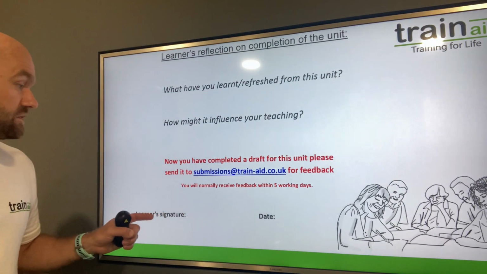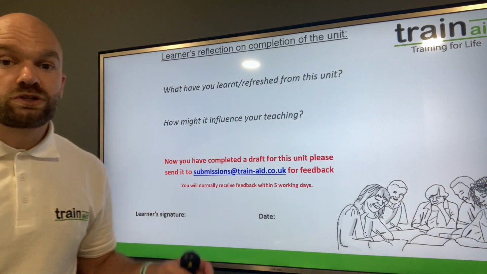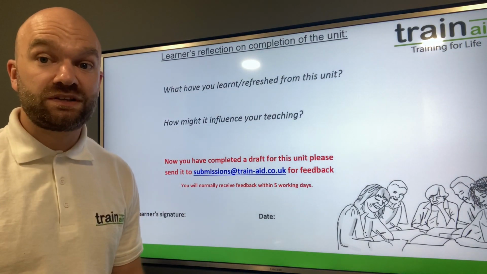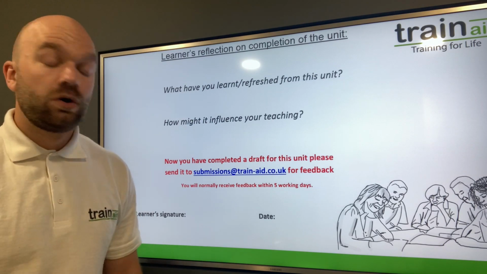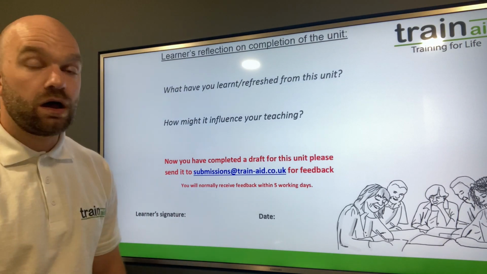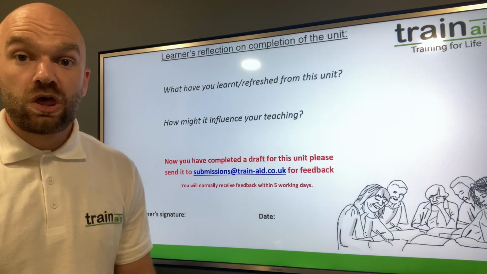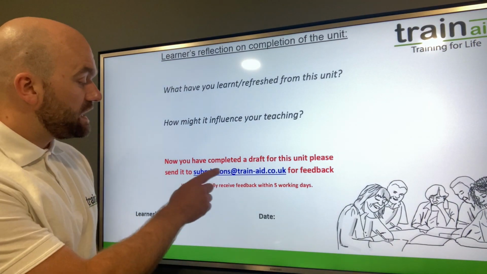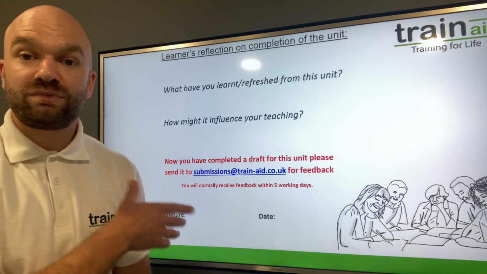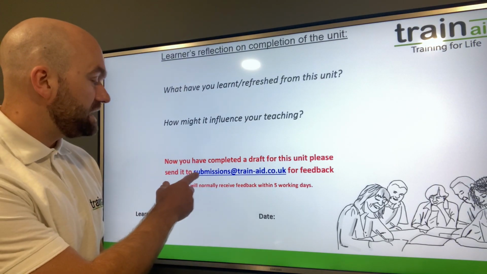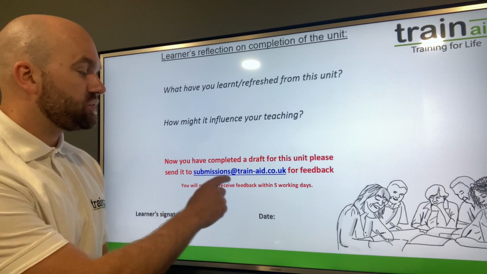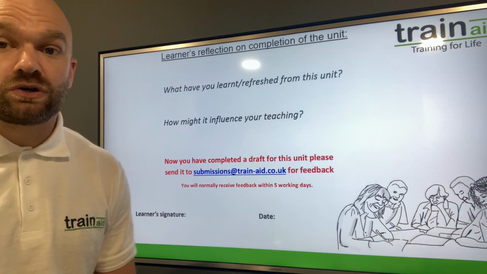We would also like for you to sign the document. If you've got an electronic signature, please put that in, or simply a typed signature and date is absolutely fine. Once that's done, please attach your assignment to an email and send it in to us at submissions@train-aid.co.uk.